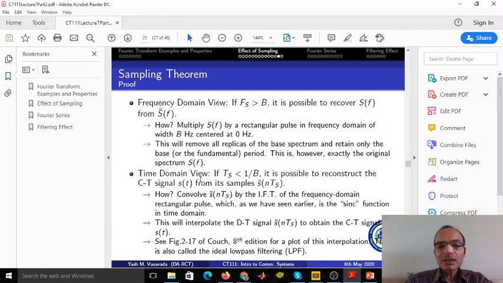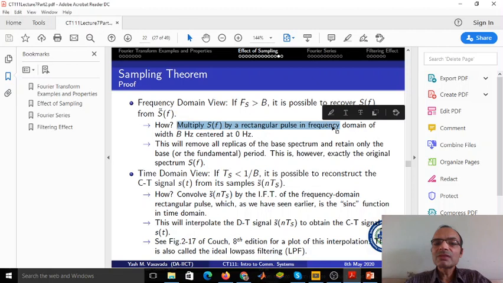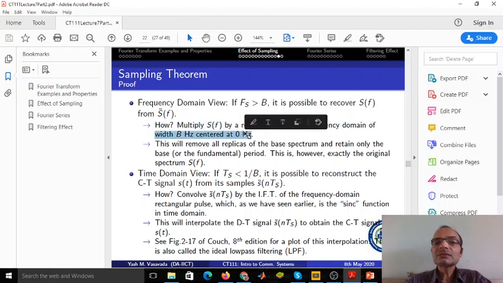So if sampling rate F_s is greater than B, it is possible to recover the spectrum of the continuous time signal from the spectrum of the discretized time signal. And the way to do that is multiply S tilde of f by a rectangular pulse in frequency domain of width B hertz centered at 0 hertz.